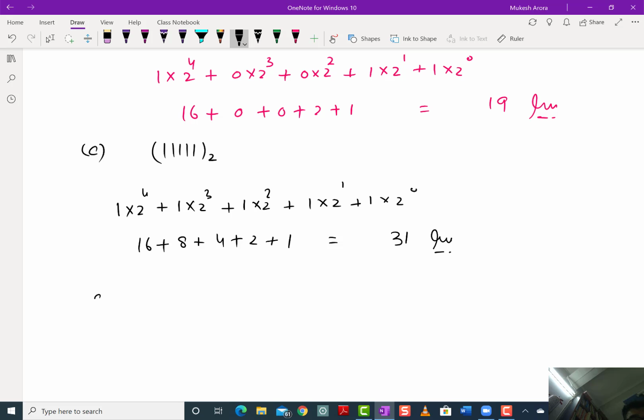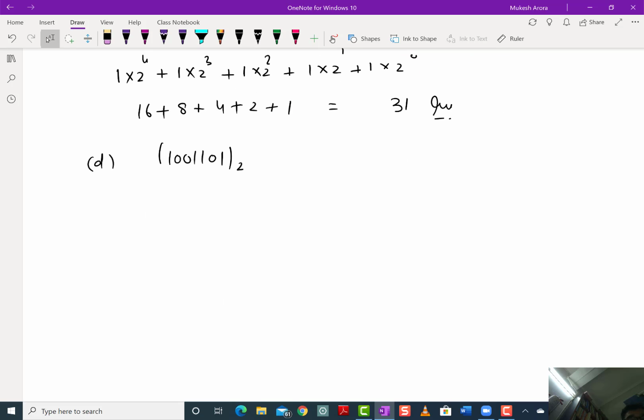And the last one, D, is 1001101 base 2. So now how we'll do this?